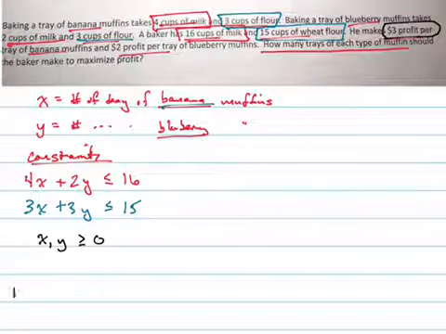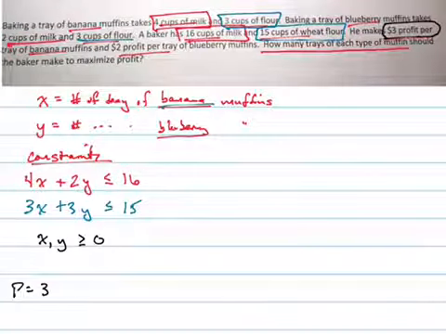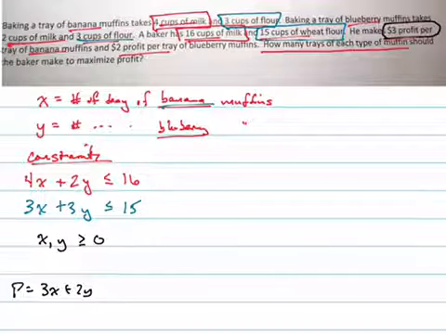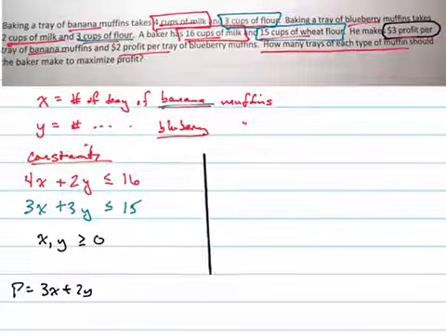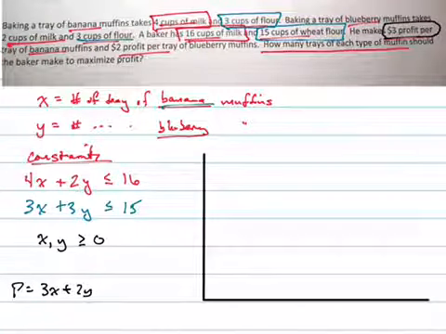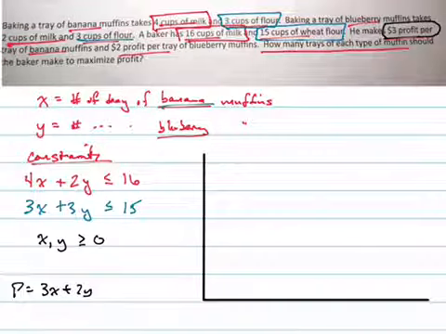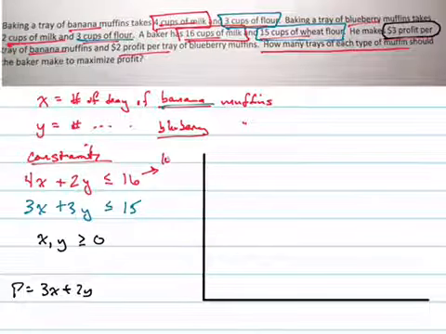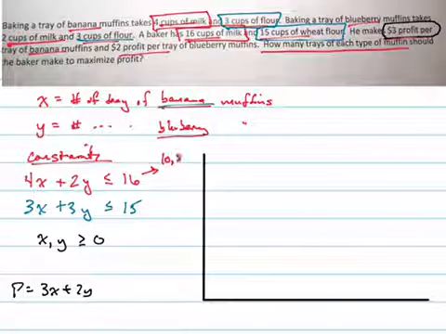The profit equals 3x plus 2y. So we're going to graph. Notice that we only need the first quadrant since they both obviously have to be positive. And let's come up with our points. Remember, I always prefer to find the intercepts. So if I plug 0 in for x, I would get 8 for y.